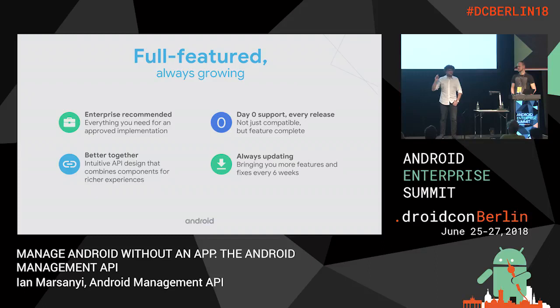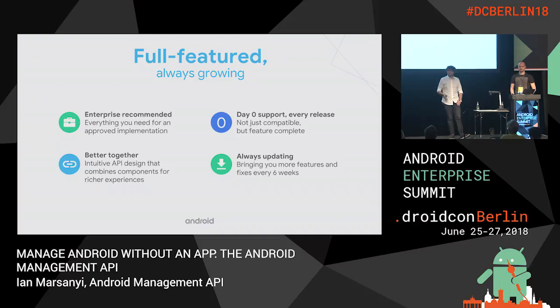We think the Android Management API is really well suited to help with this, because by building the features ourselves into our management stack, you can benefit from those features on day 0 of an Android launch. So we're working towards complete feature parity with a version of Android at the launch of that version, all of the management features.